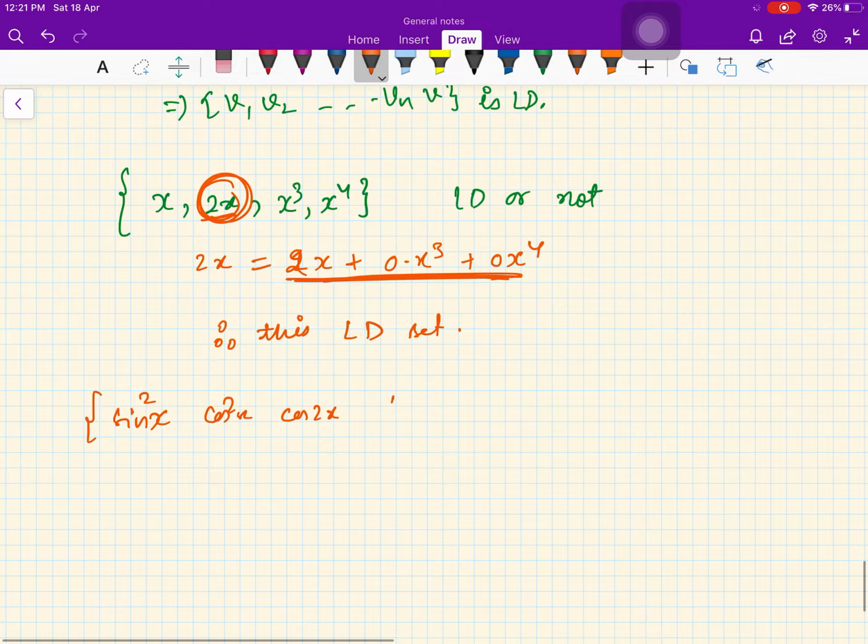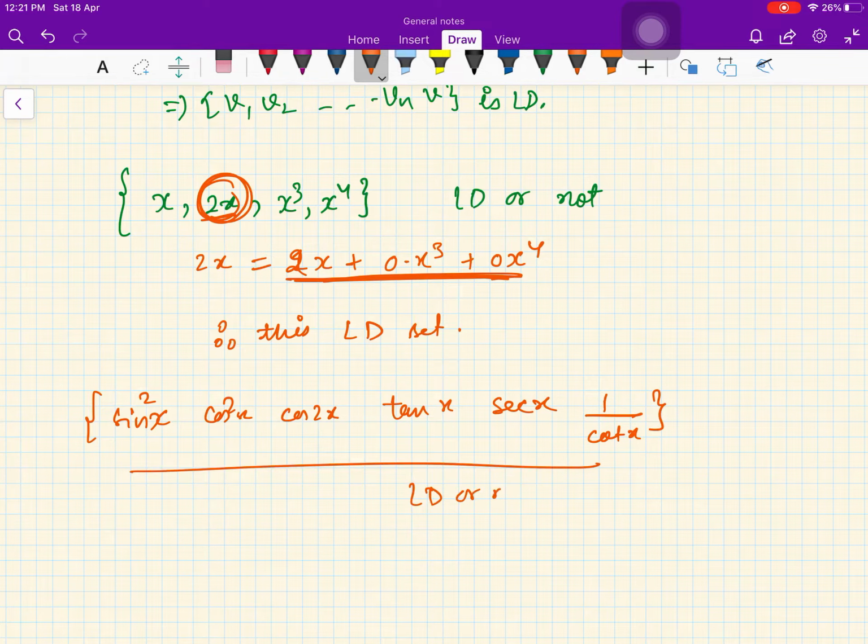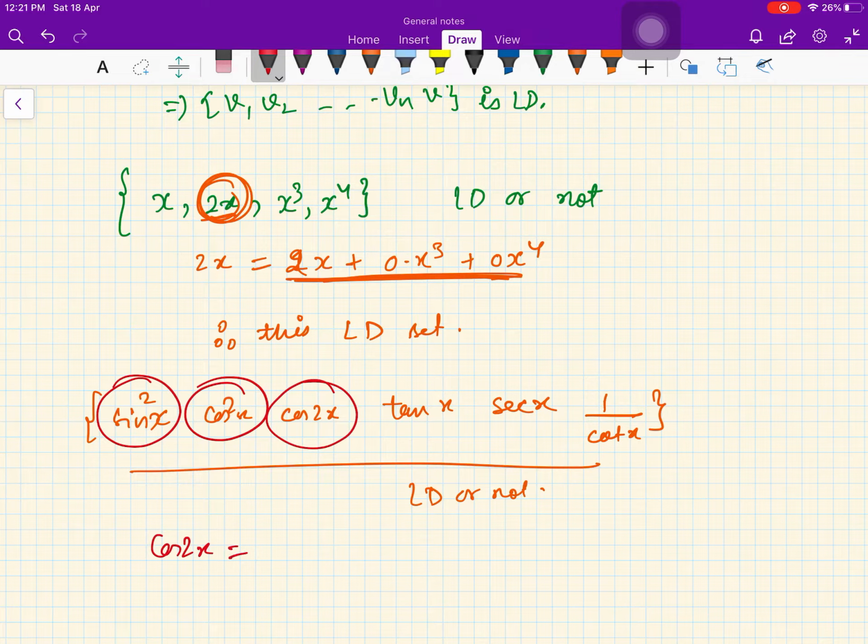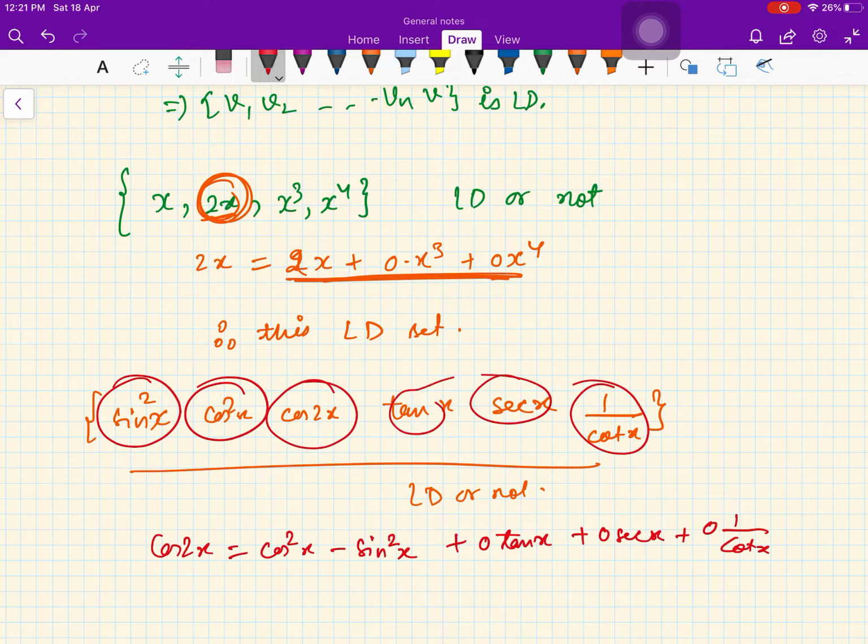For example, if you have this question: sin x, sin square x, cos 2x, tan x, secant x, 1 upon cot x, something like this. Suppose it is asked whether this is linearly dependent or not. Here you can see that cos of 2x is equal to cos square x minus sin square x plus 0 into tan x plus 0 into secant x plus 0 into 1 by cot x.